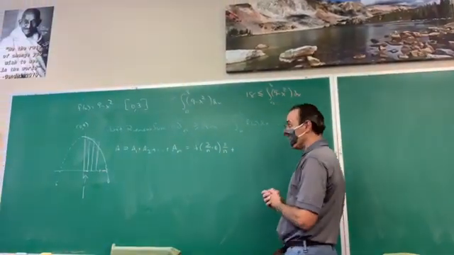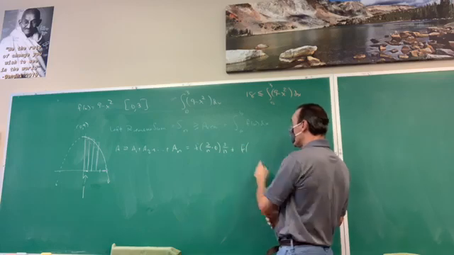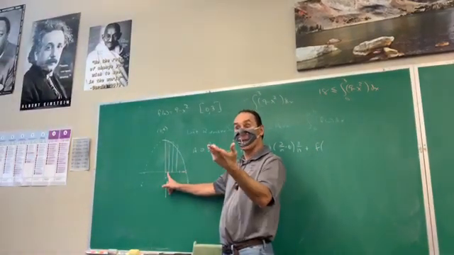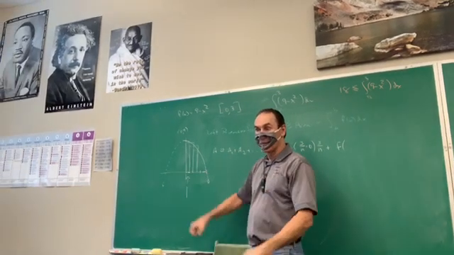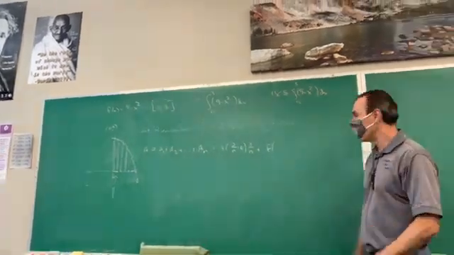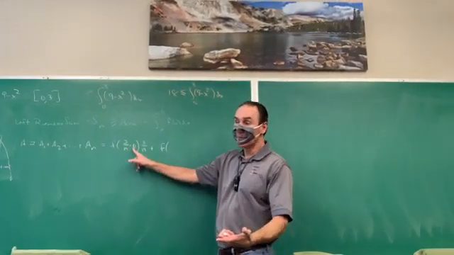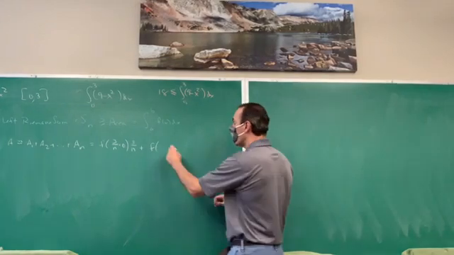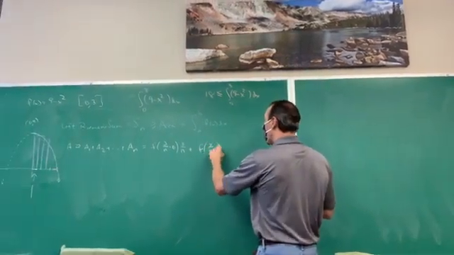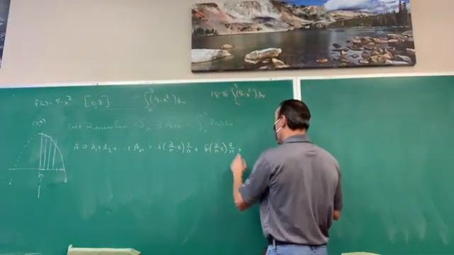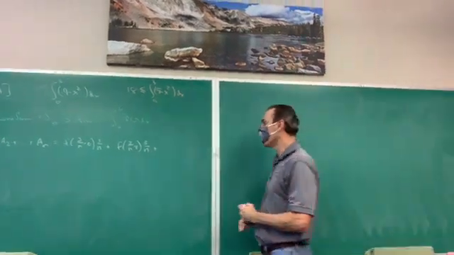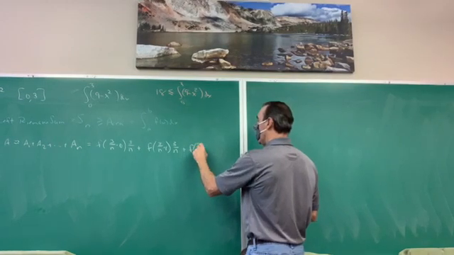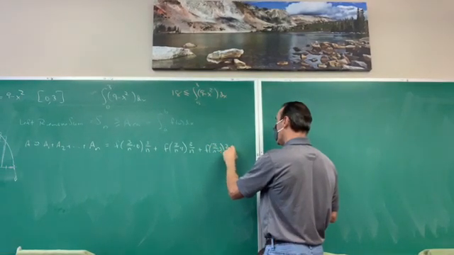Now, the second rectangle is going to be f of 3 over n times 1. So we're going to be off by 1 each time. The first rectangle is 0 delta x's over. The second rectangle is 1 delta x over. We're always going to be trailing by 1 here. And our width is going to be 3 over n. Let's do another one. The third rectangle is f of 3 over n times 2, times the 3 over n.